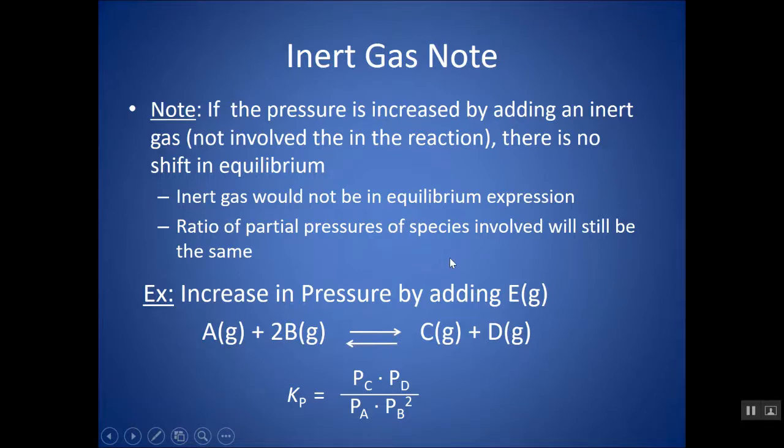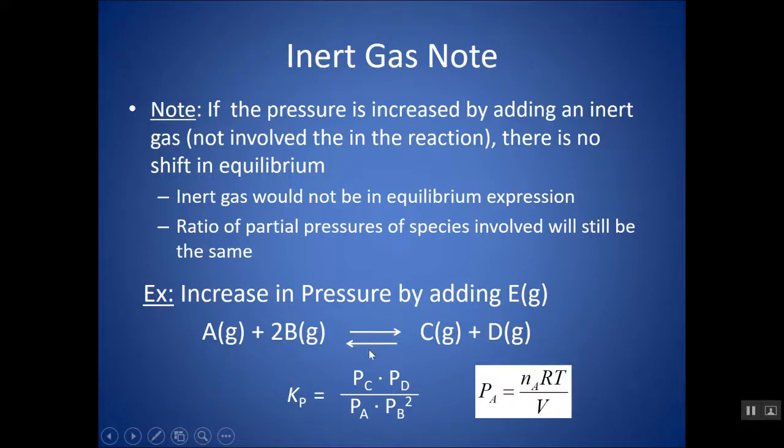So if I look at this example, increase in pressure by adding E. E is not in my equation. It is not in my equilibrium expression. So the partial pressures of all the other things are still the same. I still have the same number of moles of each thing, I still have the same volume, and I still have the same temperature. So by PV = nRT, the pressures of those things are not changing.